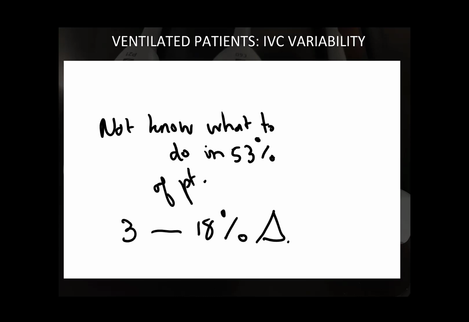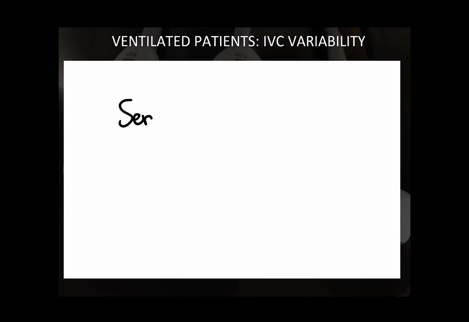These thresholds had a sensitivity of 74%, and a specificity of 90%. With the 53% of patients lying between the thresholds, too much uncertainty exists to make IVC variability reliable in ventilated patients.